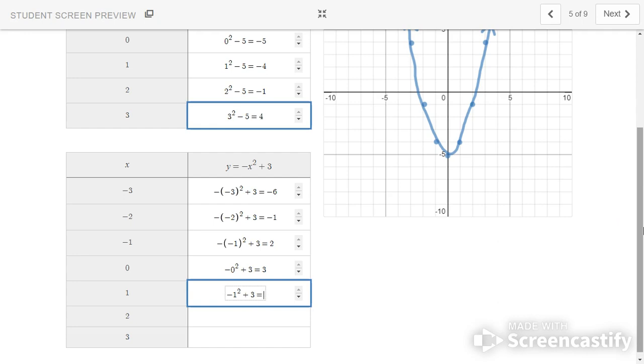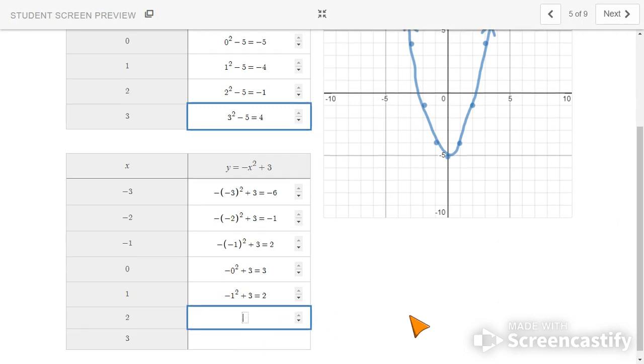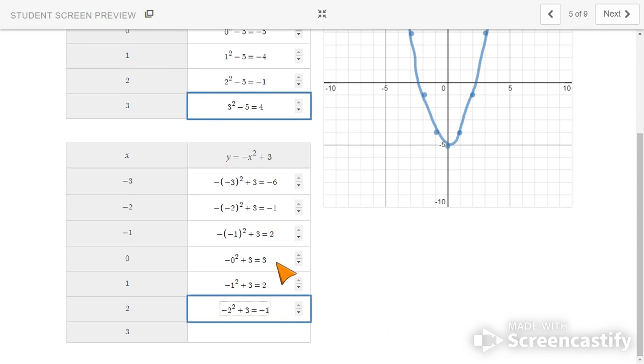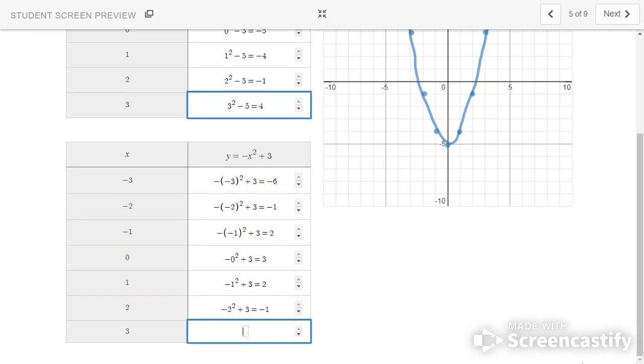So now -1 plus 3, that's a +2. -2 squared plus 3 is equal to -1. And you're starting to notice there's a pattern here. Because the left side is a mirror image of the right side, once we get to the vertex, you'll notice that all the numbers start repeating themselves. Okay, -3 squared plus 3, that's equal to -6.